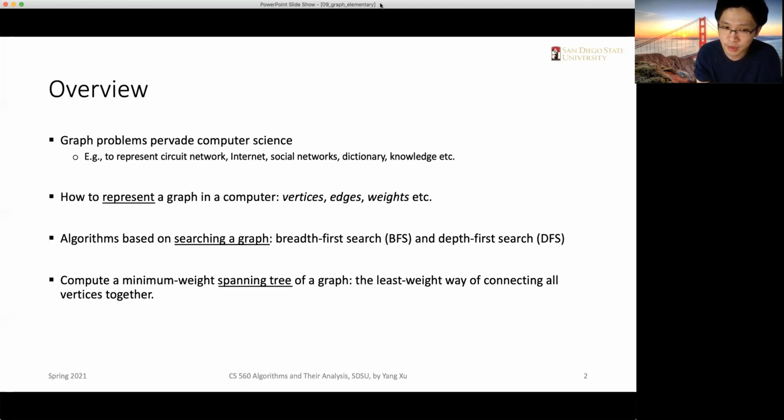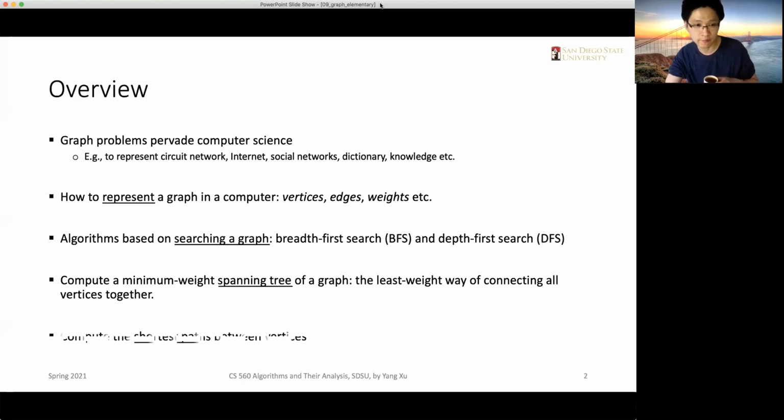When we are considering how to build a tree that connects all the vertices in the graph, we are interested not just in whether all the vertices are covered, but also in at which cost we are connecting all the vertices. Right? Some solutions may come with a greater cost, and then we wish to minimize that cost. Okay, so this is apparently a more complex problem than simply searching a graph.